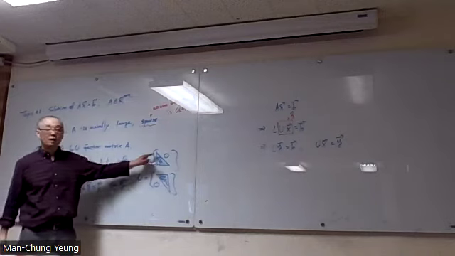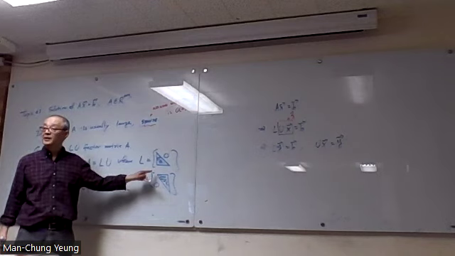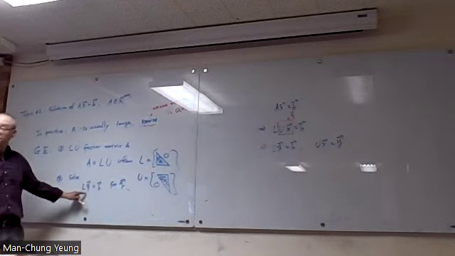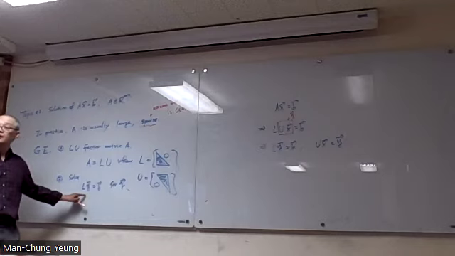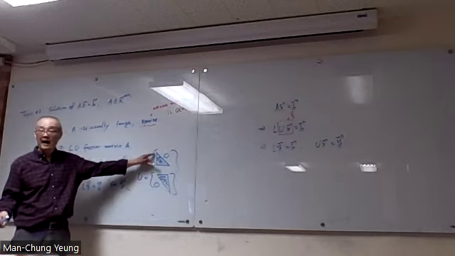L is a lower triangular matrix, so to solve this linear system we use forward substitution.